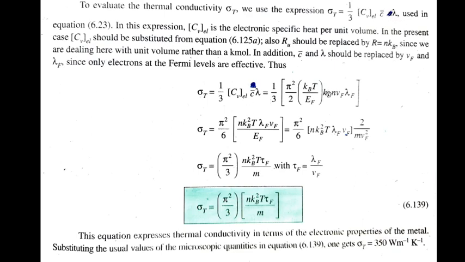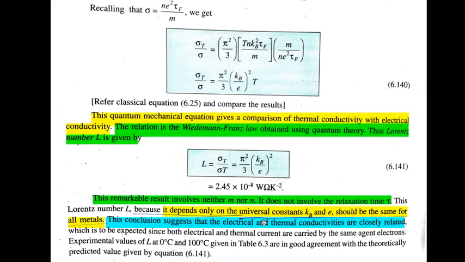Substituting all the values, we get sigma t equal to pi square by 3 n k Boltzmann square, temperature and the relaxation time divided by the mass of the electron. Okay. So it is again mathematical development, nothing to worry about at all.